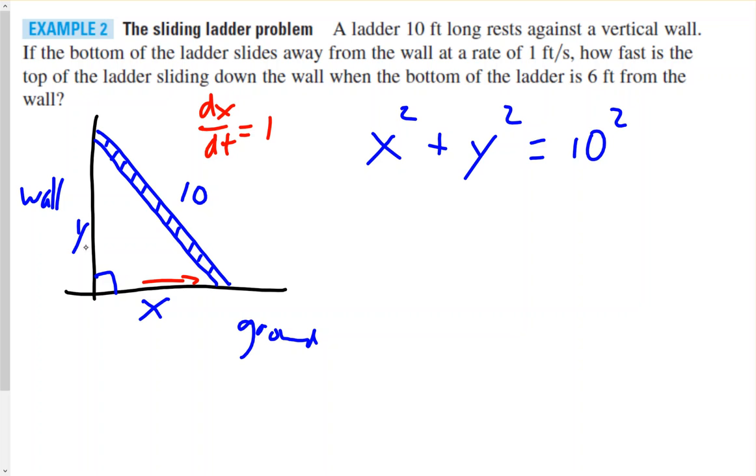So how fast is y changing? We're looking for dy/dt when the bottom of the ladder is 6 feet from the wall. We also know that the bottom of the ladder, x, equals 6. Well, 10 squared is 100.